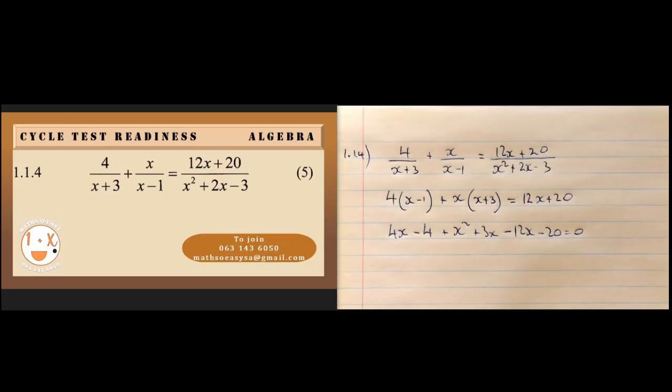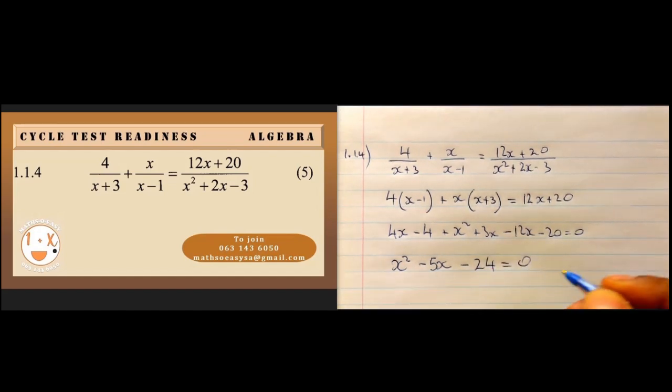Then your x squareds will be 1. Only one of them, isn't it? So you'll have x squared, and then you'll have this, so it will be 7x. Then you will be left with negative 5x. Then your constants will be negative 4, so you'll have negative 24.